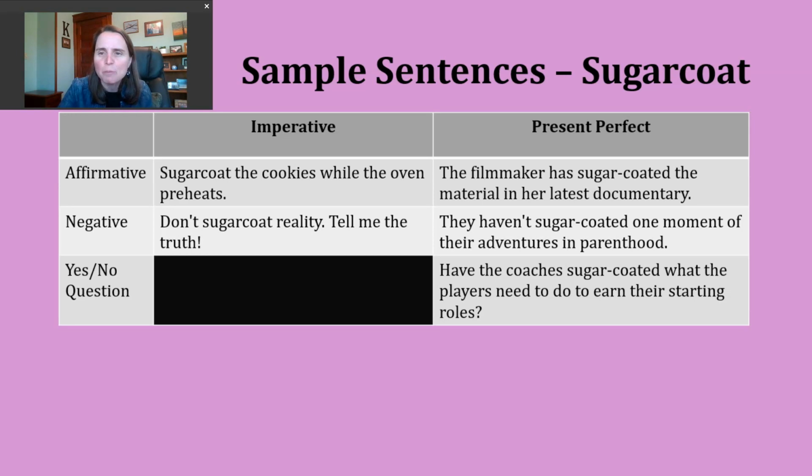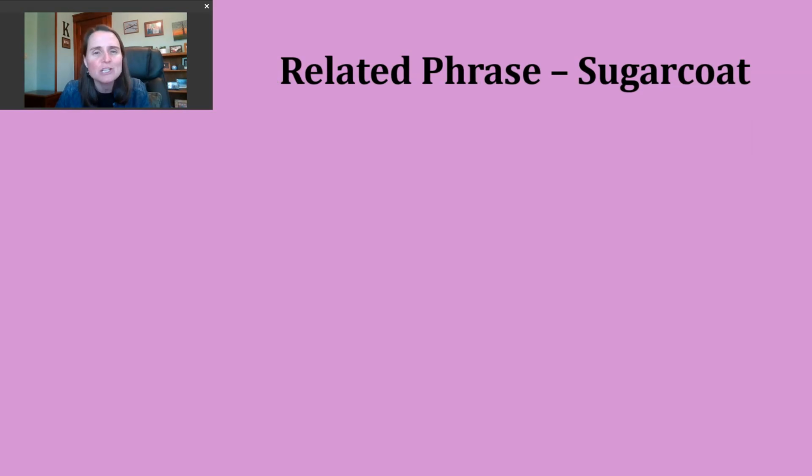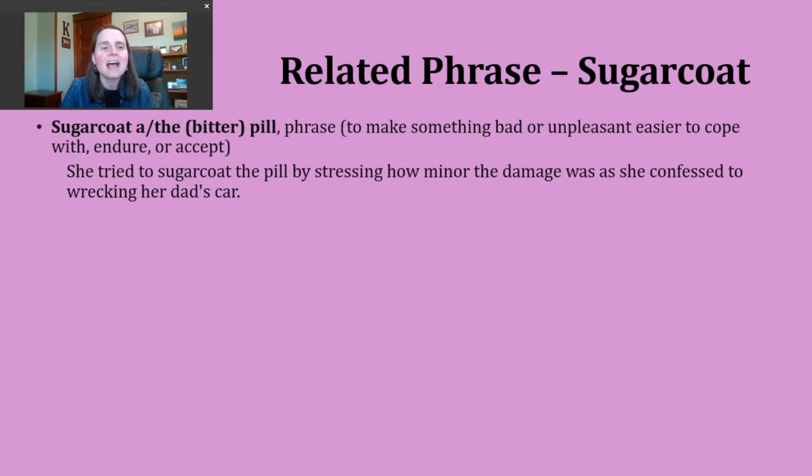Now, we're going to spend a moment, and I normally talk about related words, and we really don't have one specifically connected to this. Of course, we could look at our individual or root words here, but there is one phrase you might encounter. And this phrase has a couple variations, so let me state them and then we'll try and explain them.